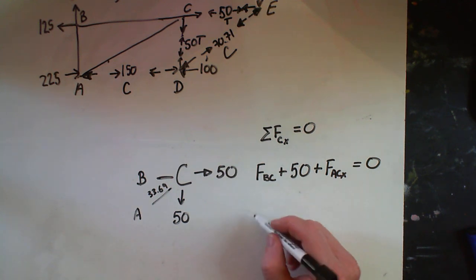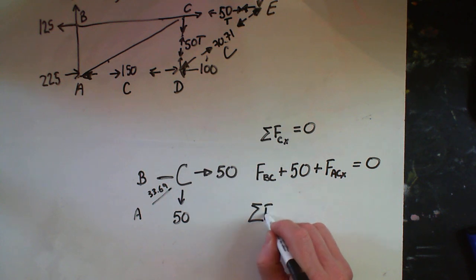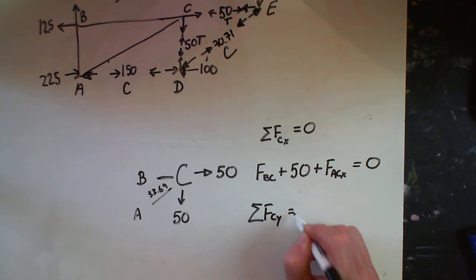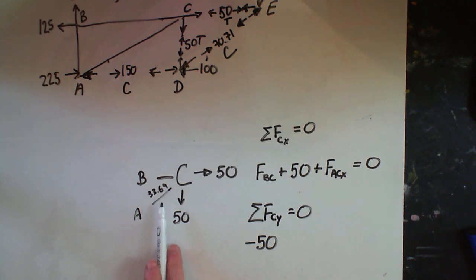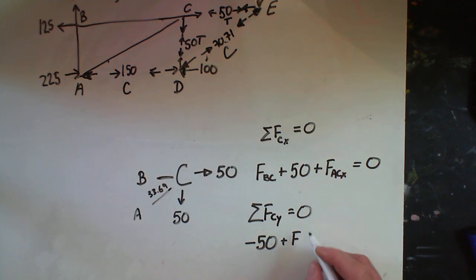We take the sum of forces at C with respect to y. We've got this 50 going down, so that is going to be negative 50. And then the only other force that we have is this force being applied between C and A. So that would be plus the force of AC with respect to y must equal 0.